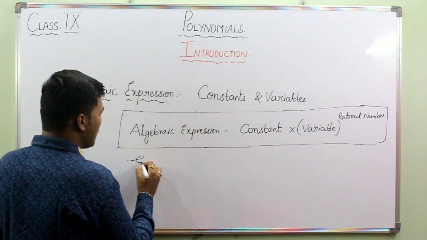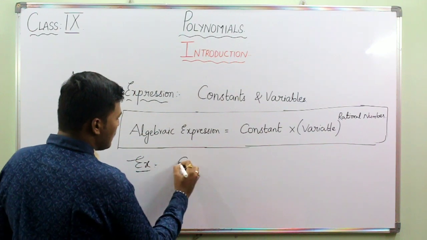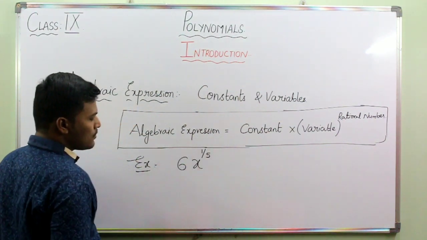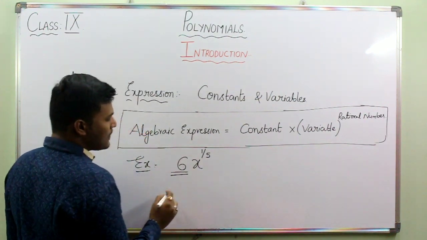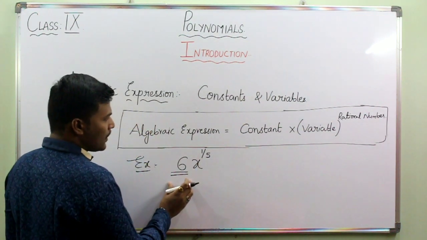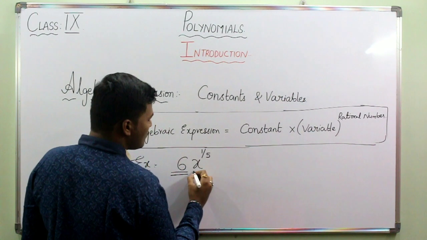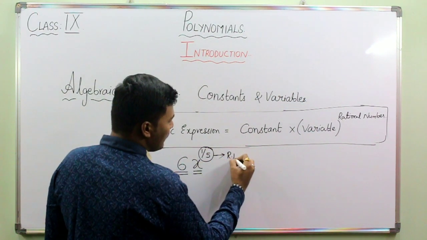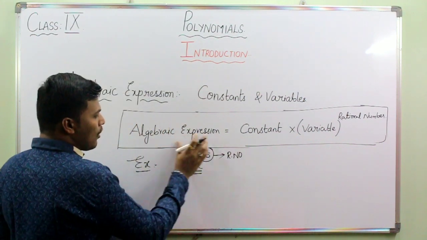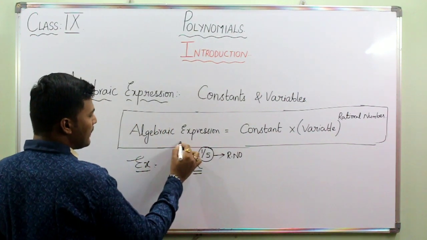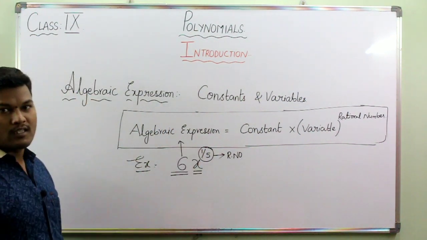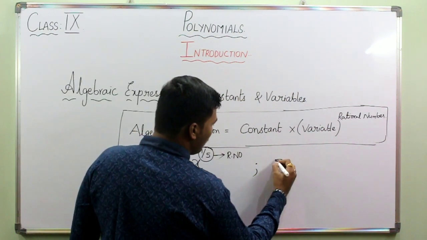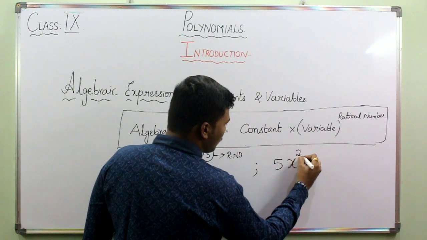Okay, for example, let us consider 6x to the power of 1 by 5. Here 6 is called the constant, the variable is x, and this 1 by 5 is a rational number. A combination of all these three will give you an algebraic expression. Let us take one more example, 5x to the power of 2.